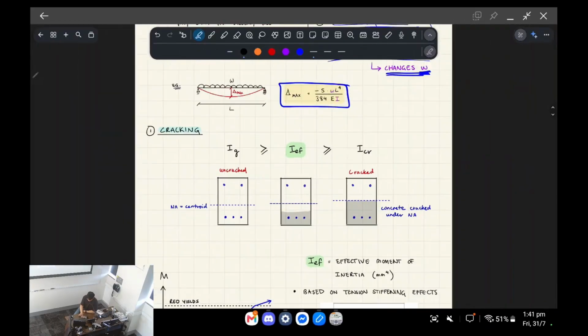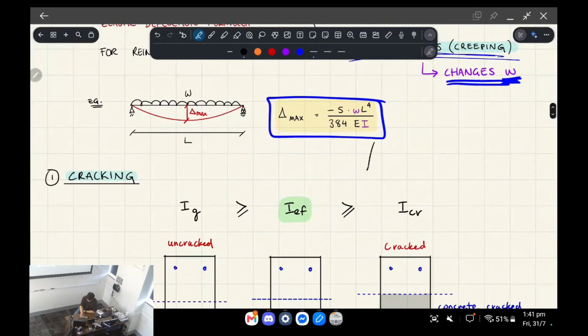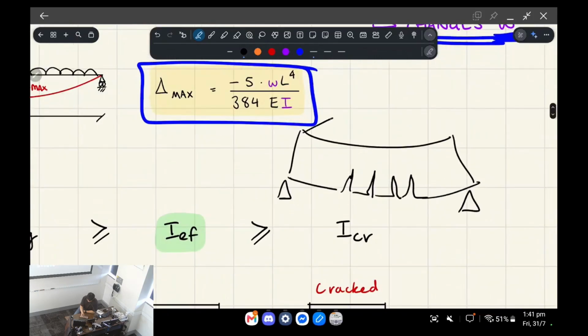For cracking, how it works basically is you have a concrete beam and it's in flexure. What happens is these cracks will start to form where there's a high bending moment, so near the middle of a simply supported beam. I'm going to draw this in 3D.